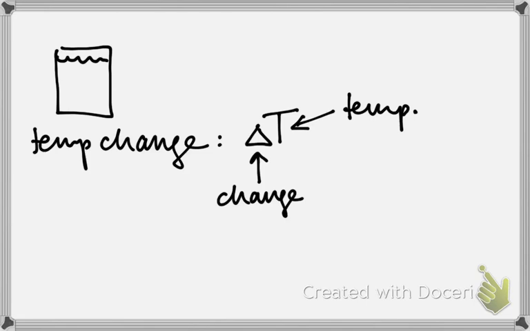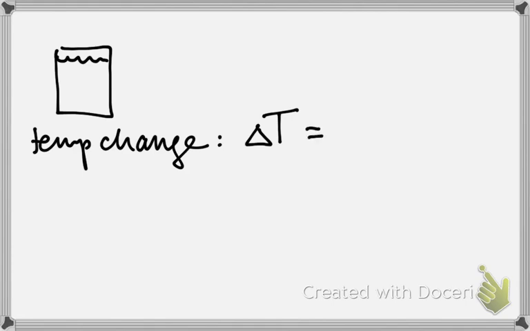Now, some other terminology we need to know is the way that you figure out a temperature change is by figuring out how things are different at the end of what you did versus the beginning. So just like if you were tracking your weight loss, right? Your goal was to lose 20 pounds.